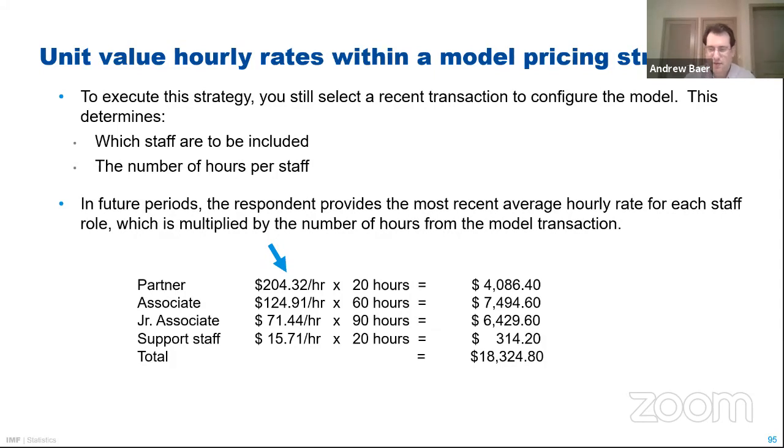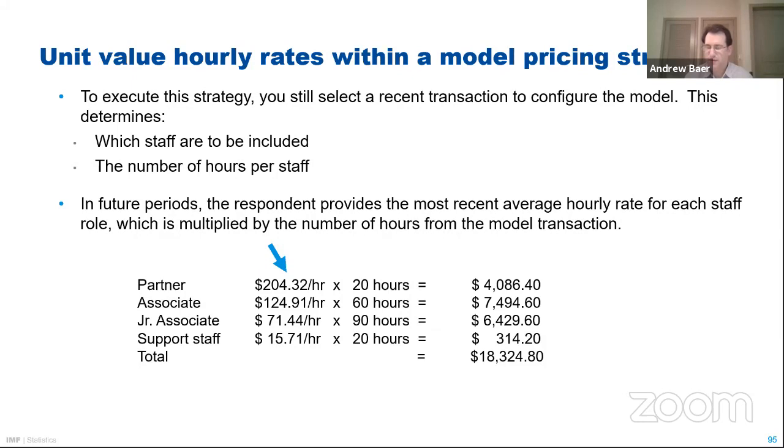But the rate that we include in the calculation now would not be the billed rate for one specific client, but the unit value of the hourly rates that these professionals charge for all clients.